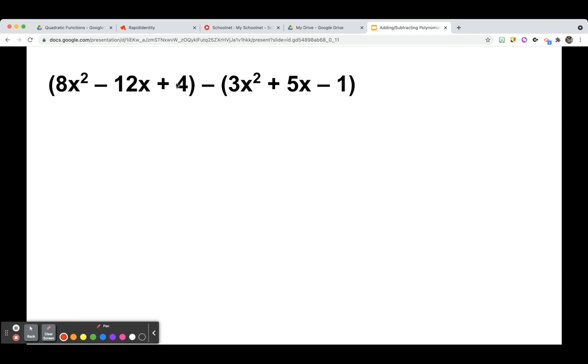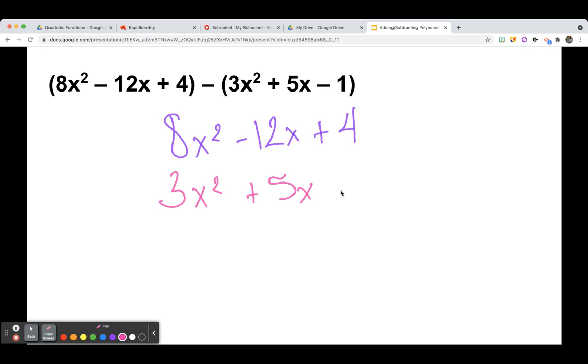Let's go with the top one first: 8x squared minus 12x plus 4. I'm going to write the second one underneath: 3x squared plus 5x minus 1. And I'm going to subtract those this time.